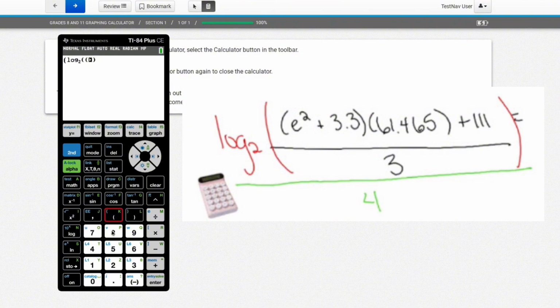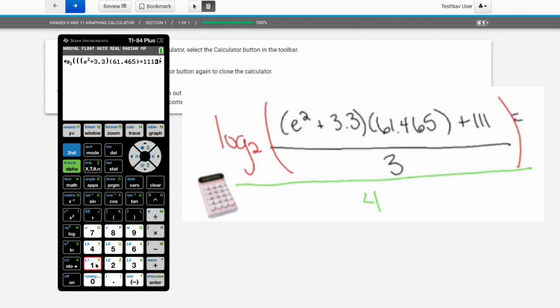So I have another parentheses. I'm going to type in e squared, so second e to the whatever squared. Let's move over. Plus 3.3, close that parentheses, 61.465, close parentheses, plus 111.